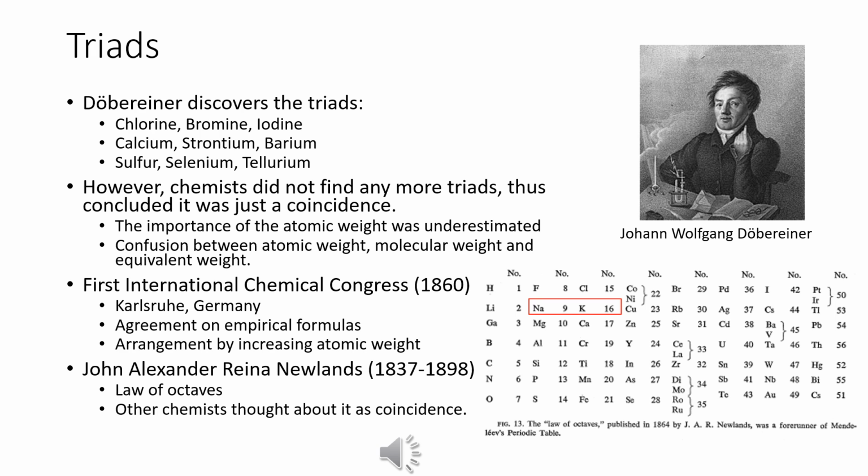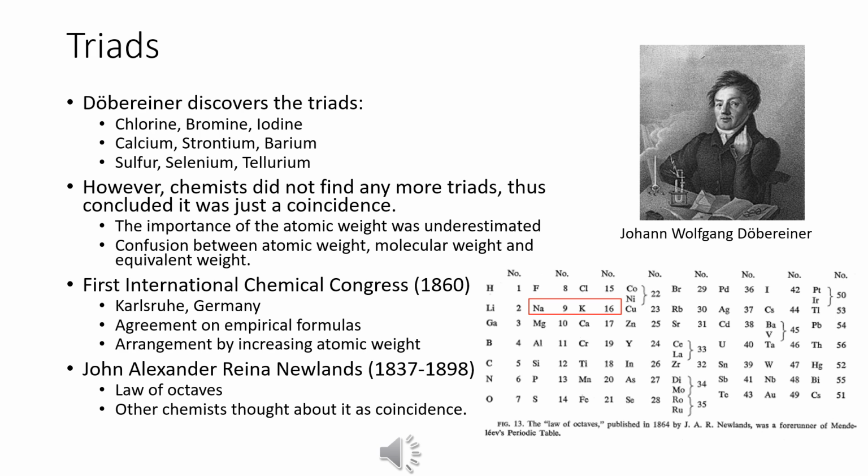Therefore, Kekule promoted the development of the first International Chemical Congress, which was held in Germany. The main goal was to reach an agreement on empirical formulas and on the arrangement of the elements by increasing atomic weights.